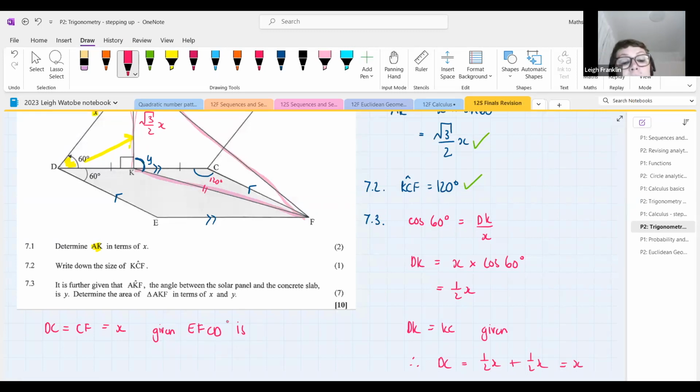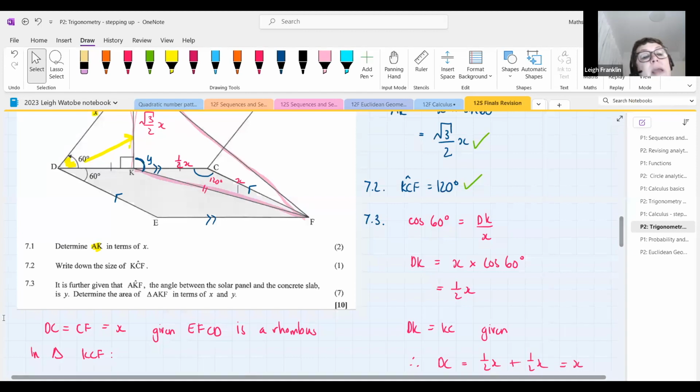Now, not that we would need to write this, but in triangle KCF, just so that you understand where we are working, we know that KC is half X and this side is X. So now we can do the cos rule to get KF.